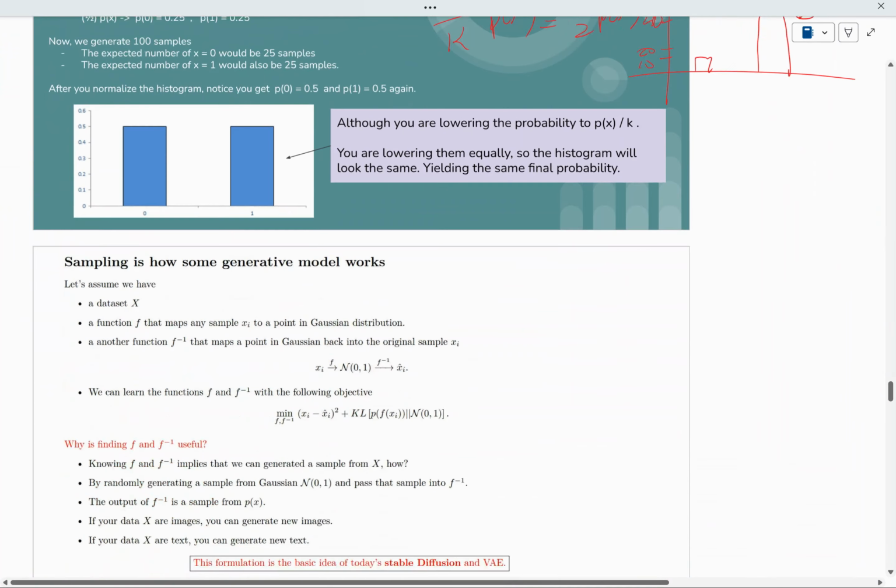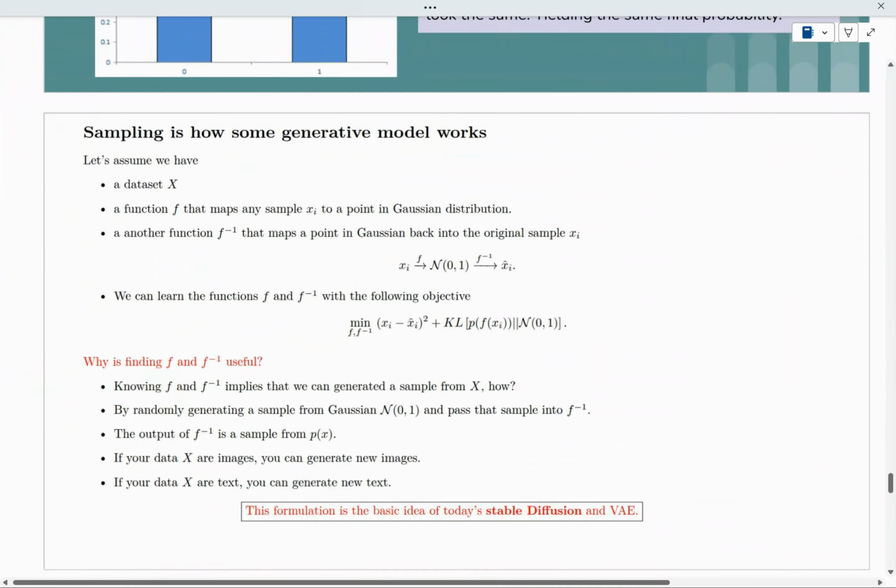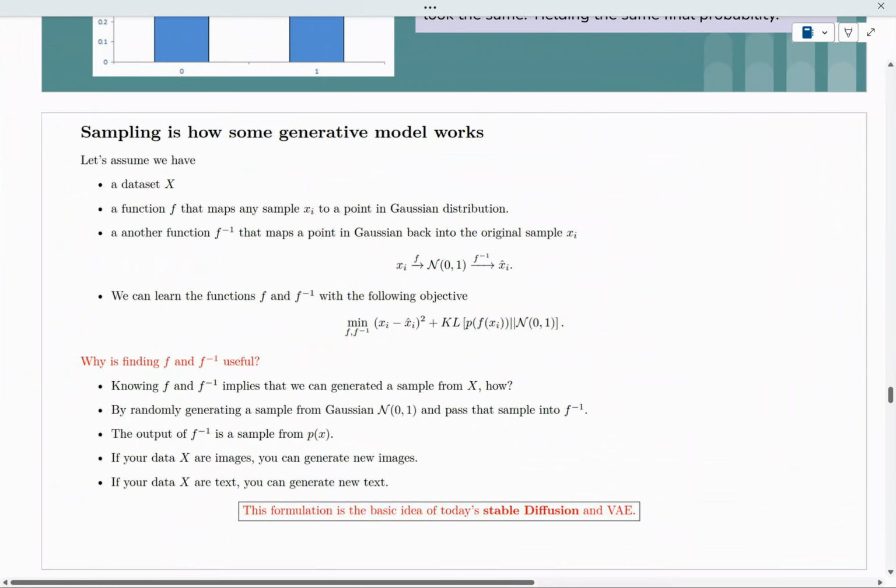Okay, so here, sampling is how a lot of the generative model works. And here I want to go over the very basic algorithm of how sampling works. Let's say you have some data set, and we have a function that maps the data set to a point in a Gaussian distribution.